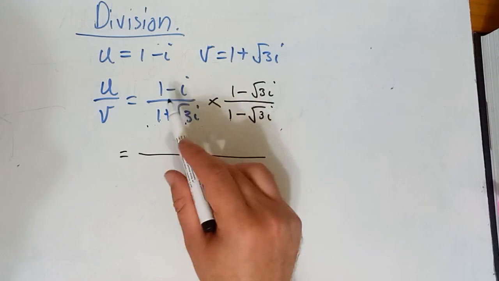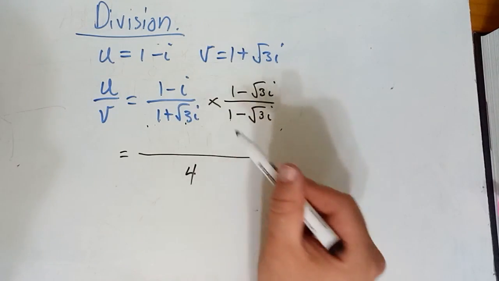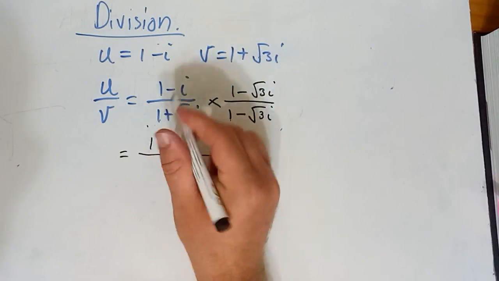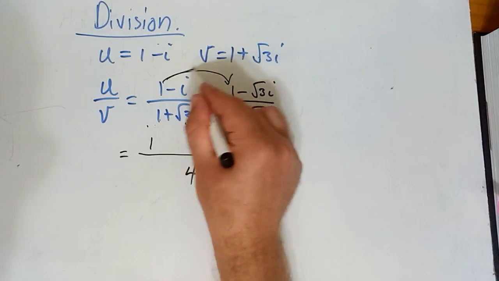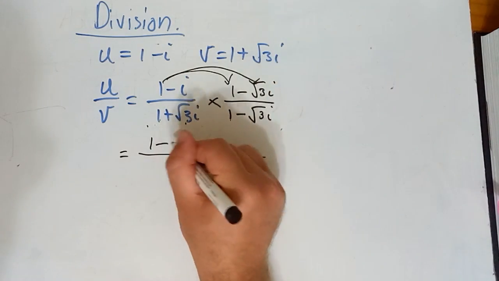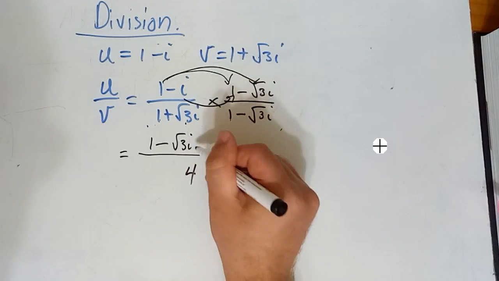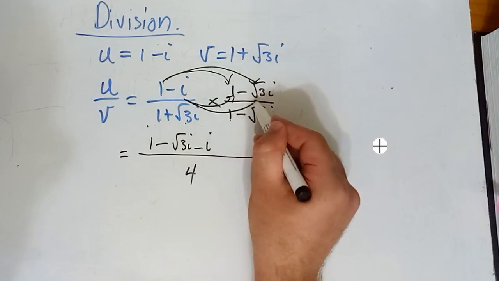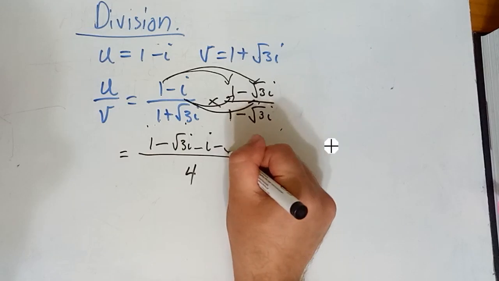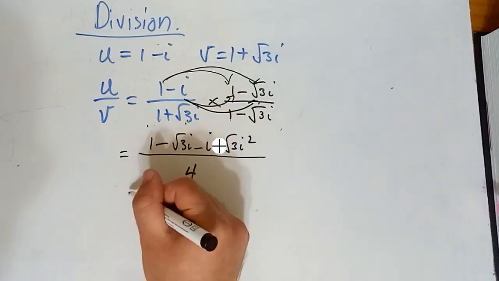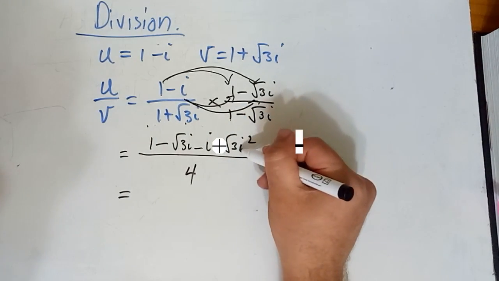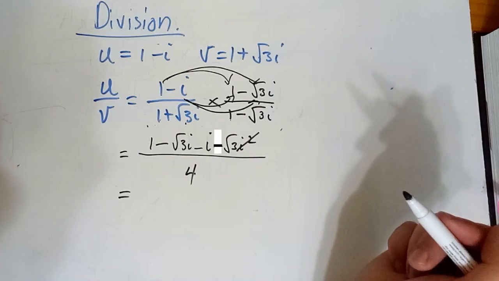Then you just have to multiply the numbers together at the top, the numerators. So I'll get 1 times 1, that's 1. Minus root 3i, minus i, minus root 3i squared. That root 3i squared is going to cancel out and make that a positive.